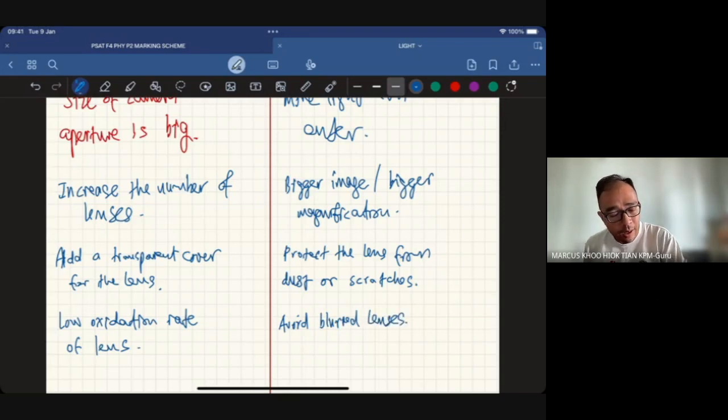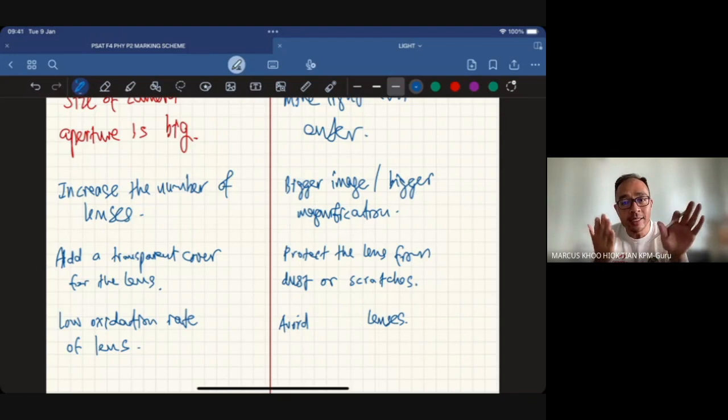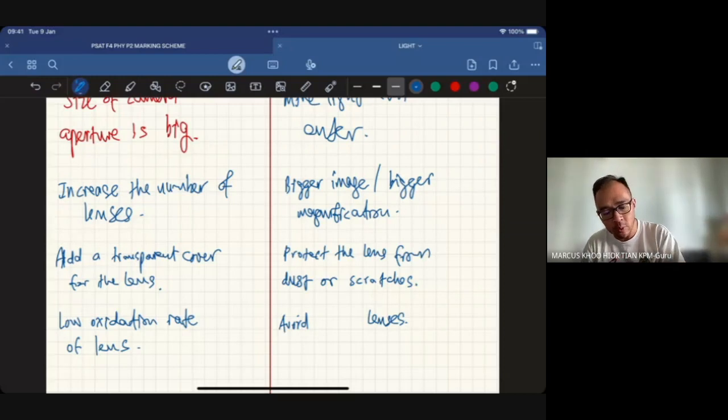Oxidation in a lens chips away the lens, it doesn't make it rust. Rust is an effect on the metal itself, but the lens is not made of metal, so when it oxidizes it becomes not smooth anymore. It becomes a very rough lens. So we usually say that the images are blurred. Avoid blurred image.